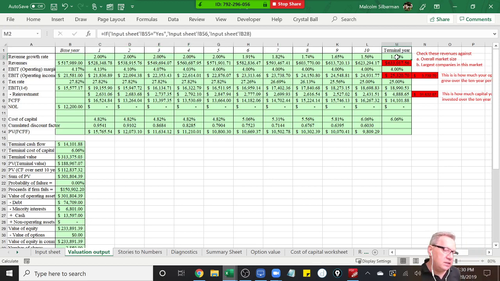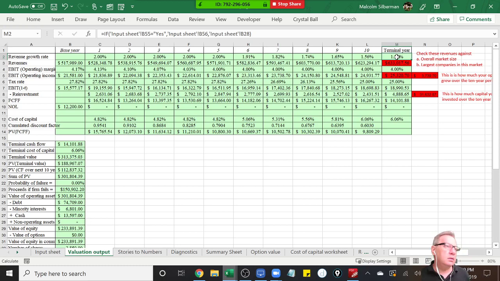He uses that as a surrogate to say, for the 11th year onwards, I can't grow you faster than the economy, because then you become the economy. But is that the only place he uses it? Where else? It's used in the calculation for cost of capital.